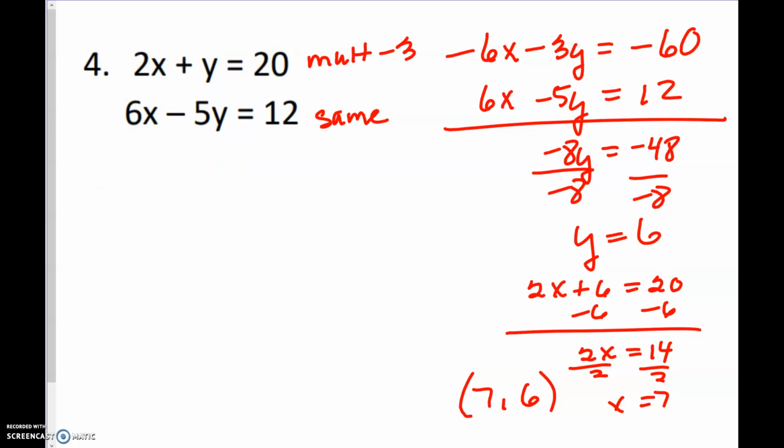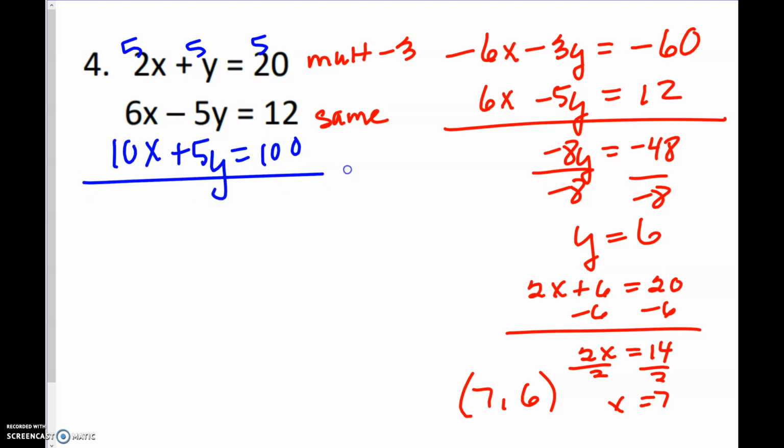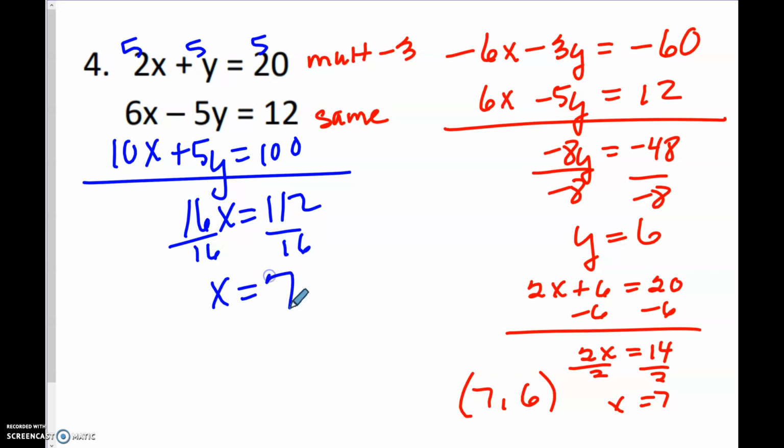And let's multiply everything here by 5, 5, 5. So I get 10x plus 5y and 100. Add these up, so I get 16x equals 112. And 112 divided by 16. So when we divide both sides by 16, we get x equals 7.